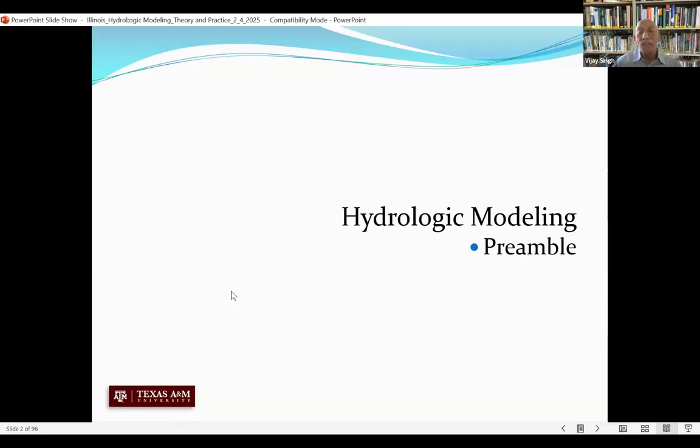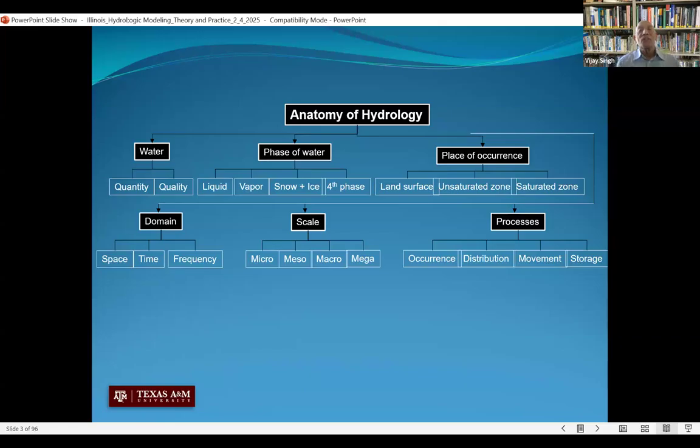And before that, let's take a look at the hydrology itself. So it is always a good idea to go back to the basics. If we anatomize hydrology, then you will see that there are basically four components which essentially delineate the domain of hydrology. Of course, we start out with water, but water is characterized by both quantity and quality.